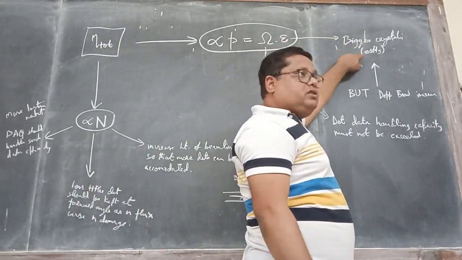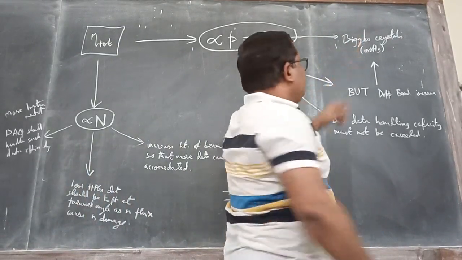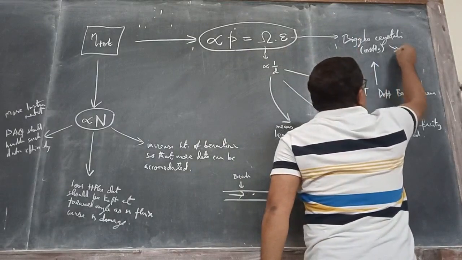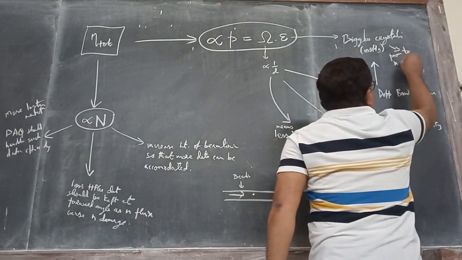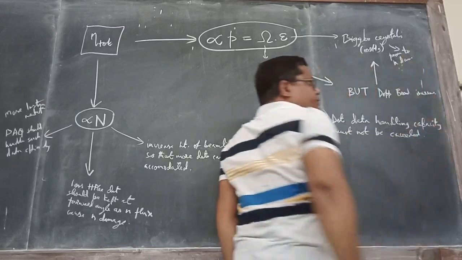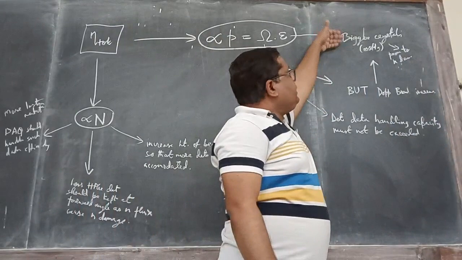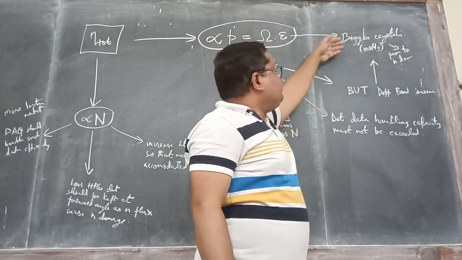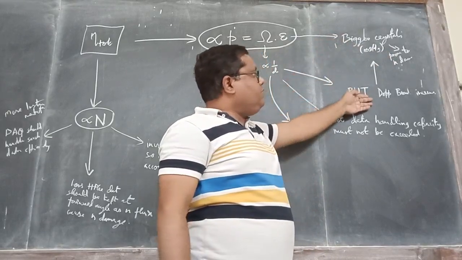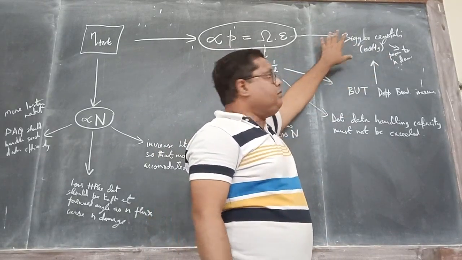Also, a bigger crystal is a very costly affair, and this is important, bigger crystals are very much prone to neutron damage. This is a very important point. So bigger crystals are very costly, prone to neutron damage, and also mean very large Doppler broadening. So we have to make some compromise.